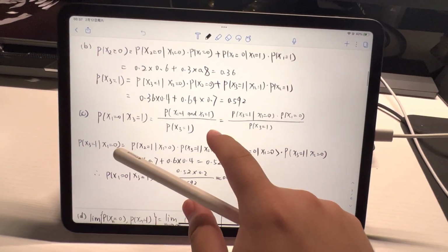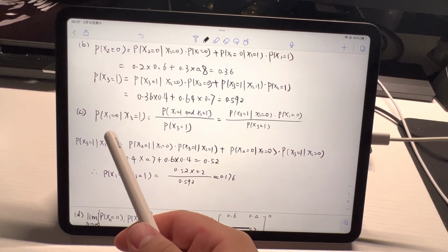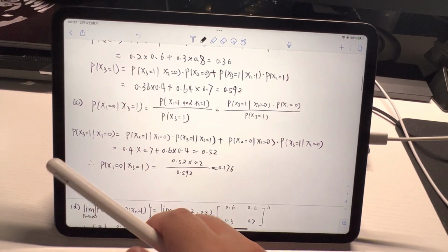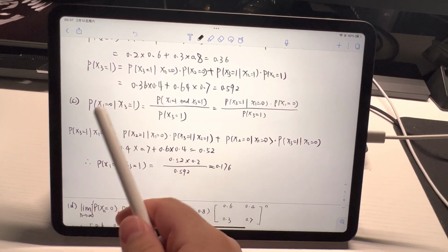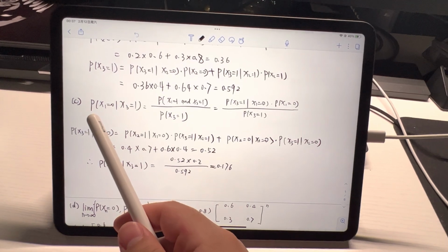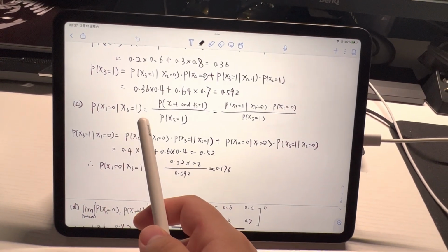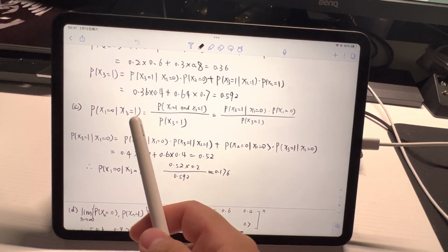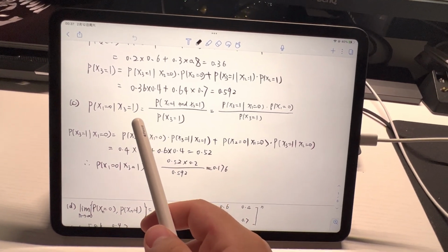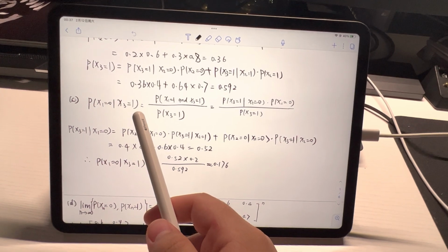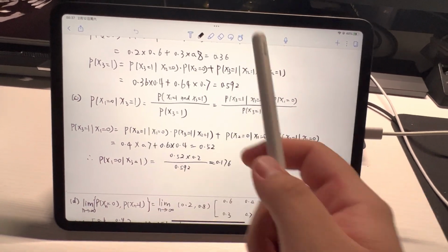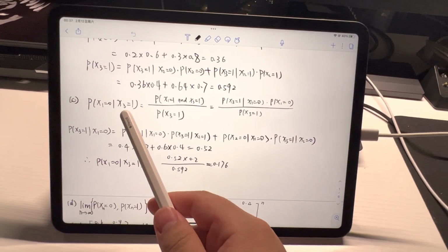For question C, it asks us to find the conditional probability of X1 = 1 given X3 = 1. So first, we use the Bayes formula to change this formula.